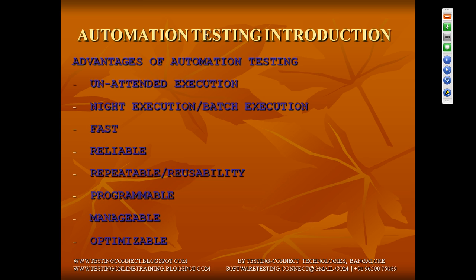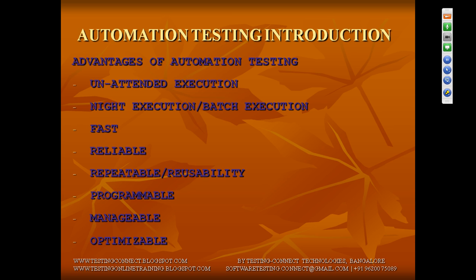So while implementing the framework you have to keep in mind that if your application is optimizing and your application requirements are changing, your framework also should be optimizable in such a manner. Your application is changing from time to time, so your automation framework also should be optimizable. That is nothing but optimizable.